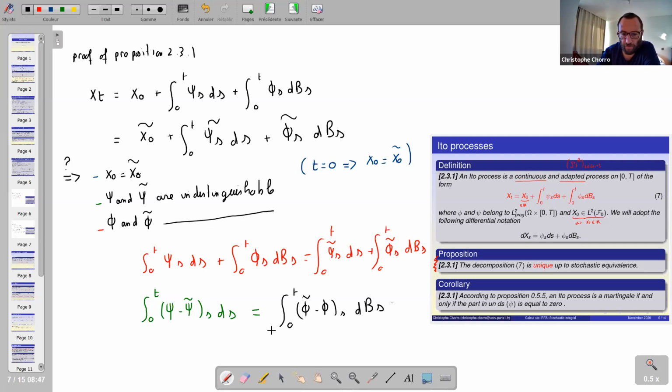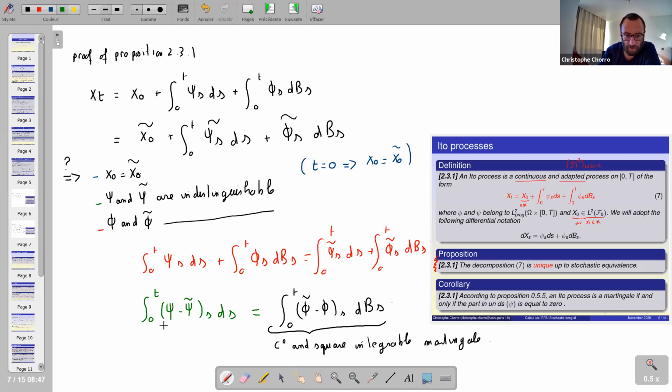So here what you have is a continuous and square integrable martingale, because of the definition of the stochastic integral on L2 prog, which gives rise to continuous and square integrable martingales with respect to the Brownian filtration.